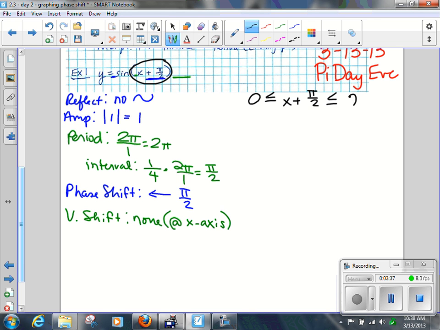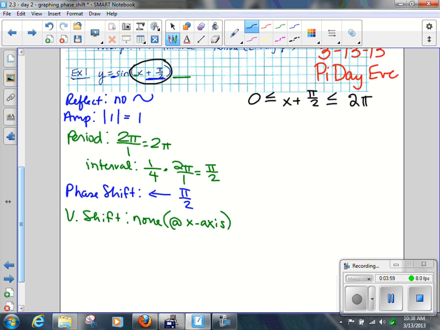Now, I want you to think about this. What are we doing this for? What we are doing is creating a compound inequality that is going to give us a range of values. It results in our beginning point to our ending point of our curve.